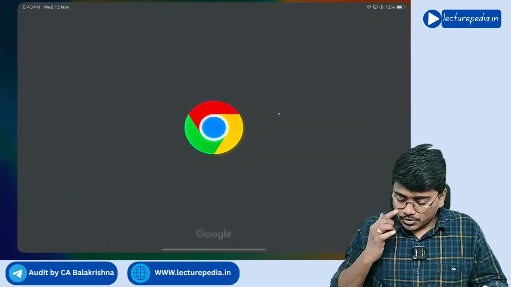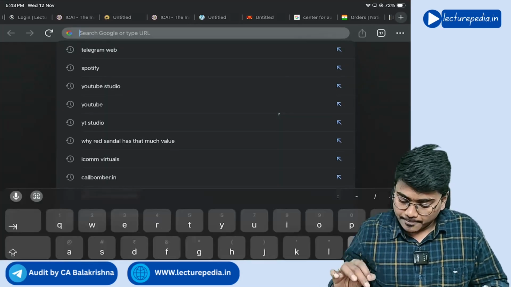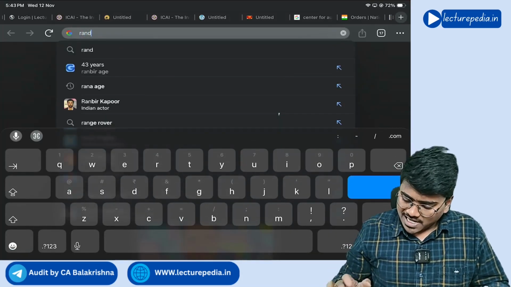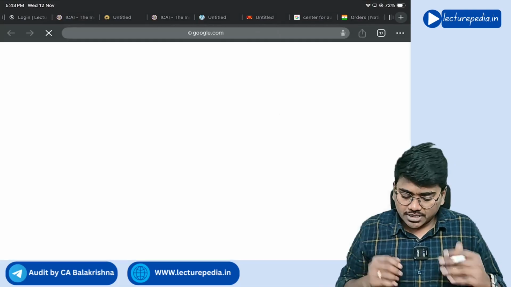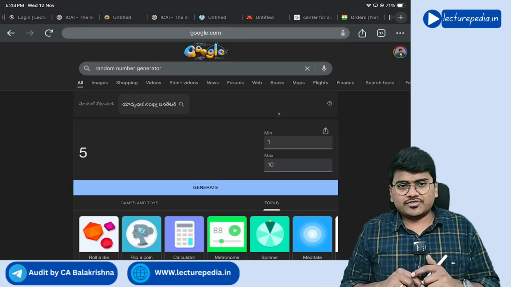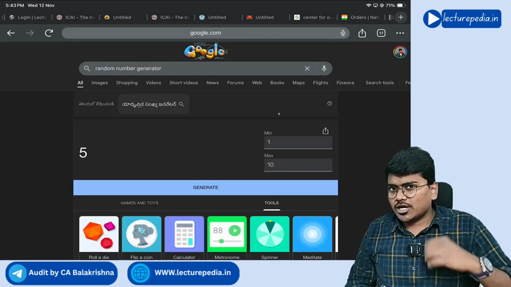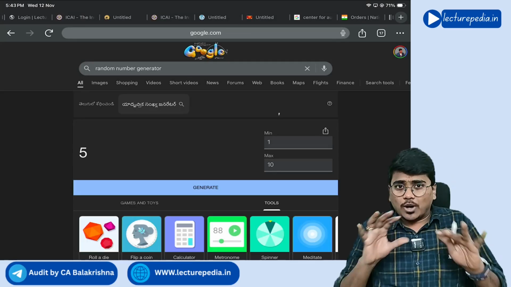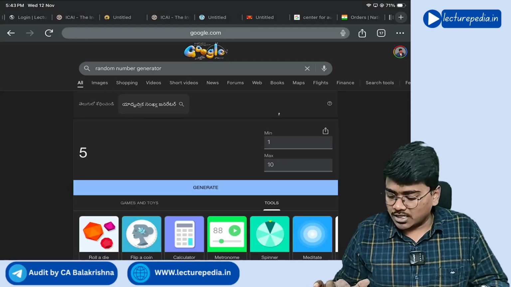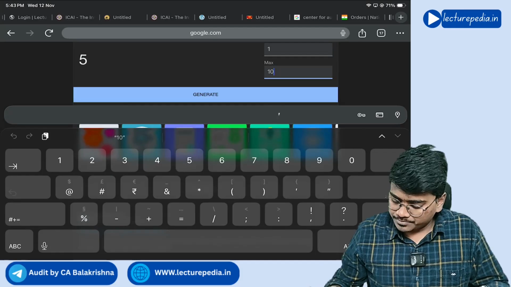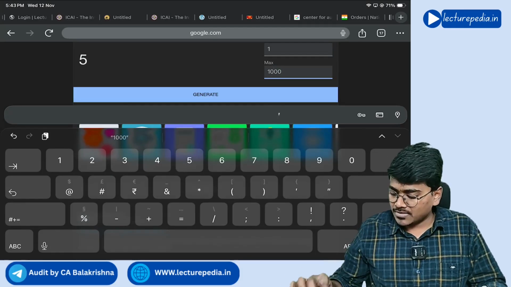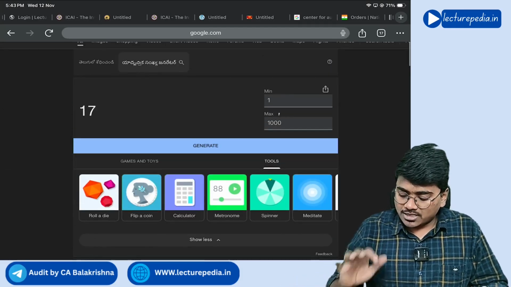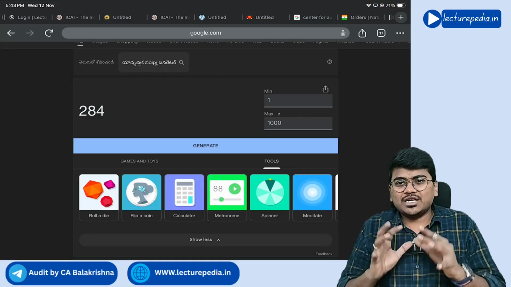If you go to Google and type random number generator, an interface like this will come. Let's say your total population is 1000. So minimum is 1, maximum you set to 1000, and once you click on generate, it randomly generates a number.